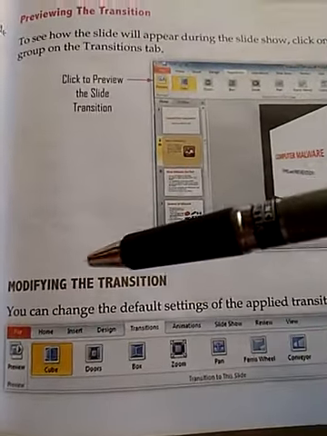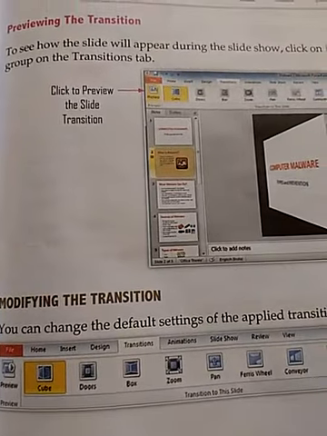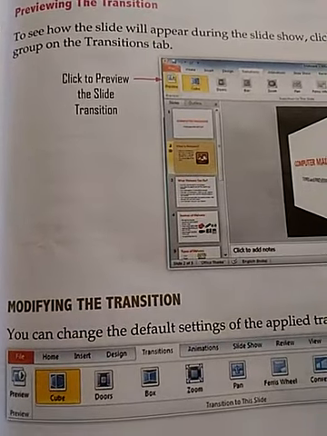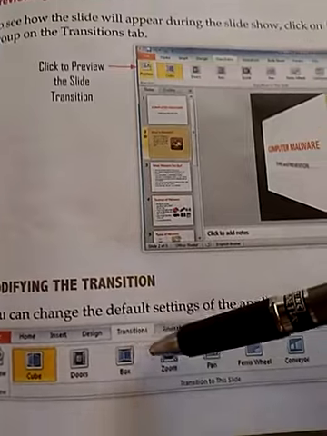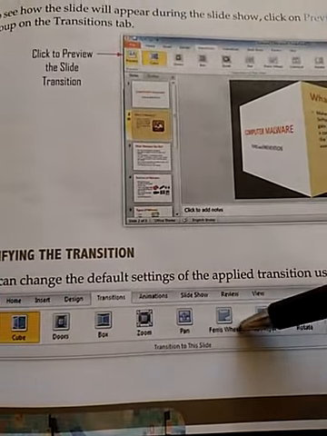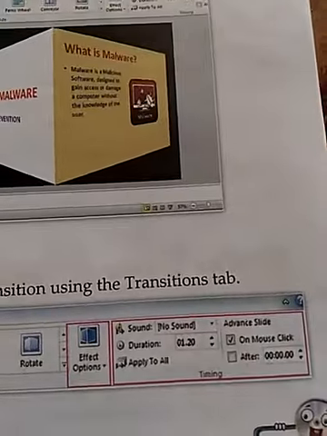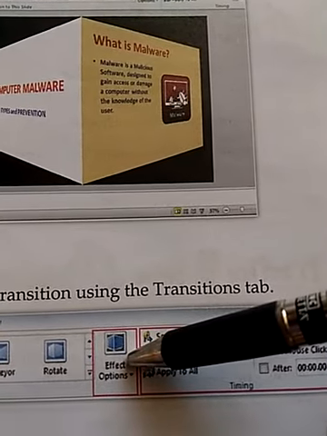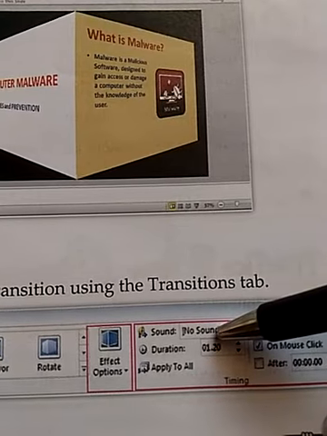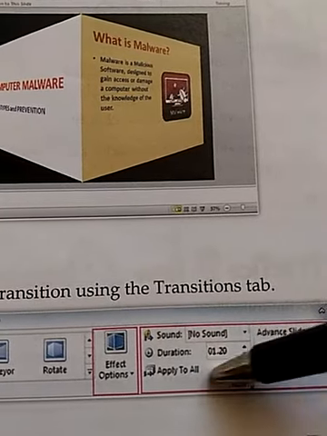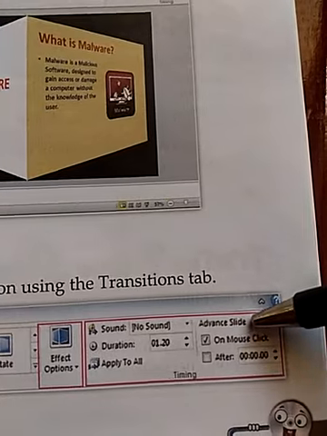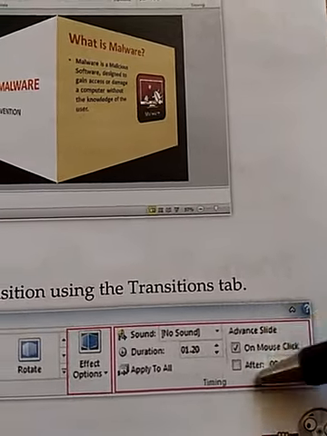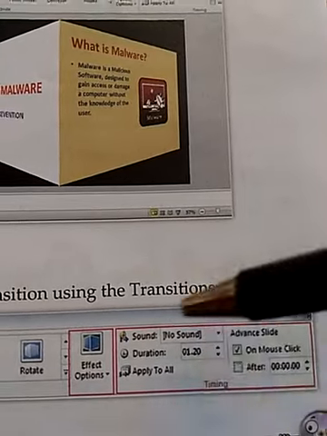Now, modify the transition effect. How can you modify the transition? On the transition tab, here you find different types of transition, and here you are finding the effect option, sound and the duration of the transition, and advance slide, meaning how the slide will change during the slideshow.